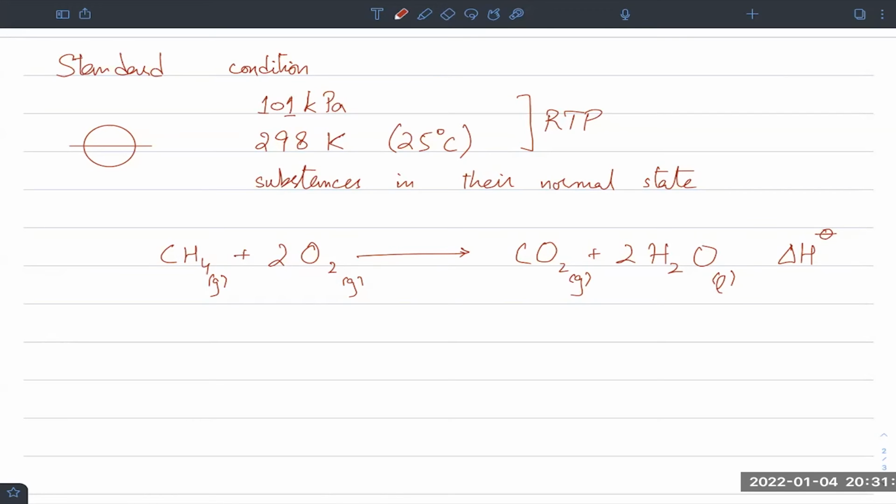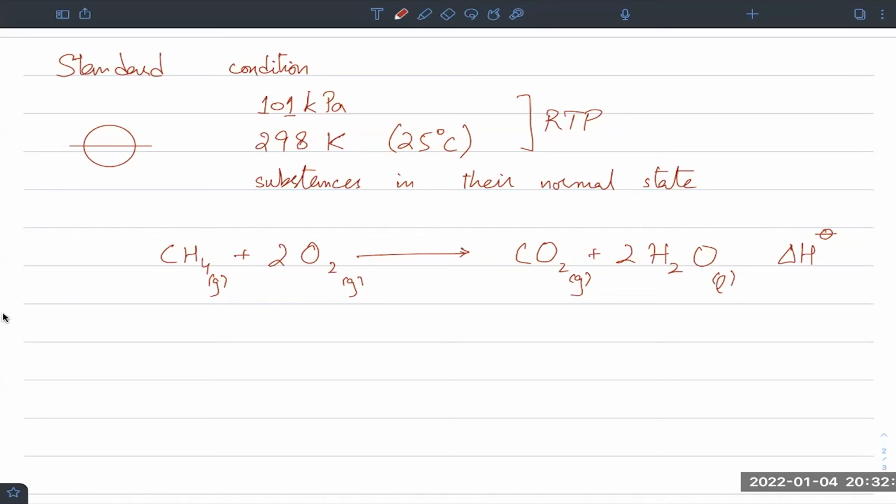Obviously every reaction has a standard enthalpy change and we can measure it. What am I saying here? I'm saying that this is the enthalpy change when 1 mole of methane reacts with 2 moles of oxygen gas completely to produce 1 mole of carbon dioxide and 2 moles of water. See, I said water, I did not say steam, because I'm talking about room temperature and pressure. So water has to be liquid and everything else is gaseous.